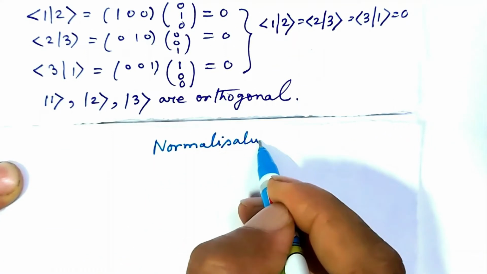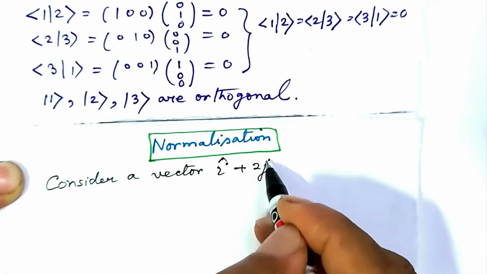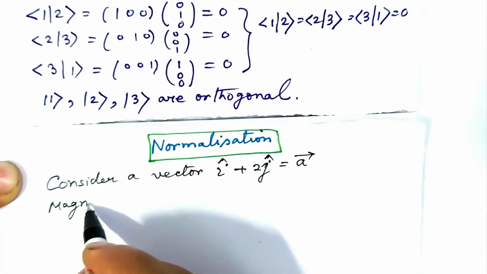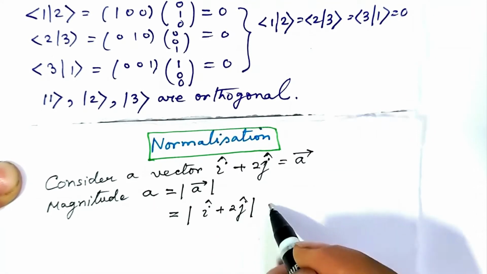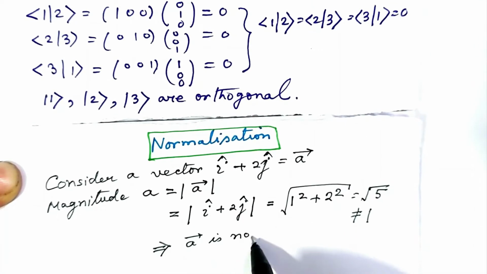We next discuss normalization. Consider a vector i hat plus 2j hat. Call it vector A. Magnitude of vector A is under root 5, which is not equal to 1. So vector A is not normalized.